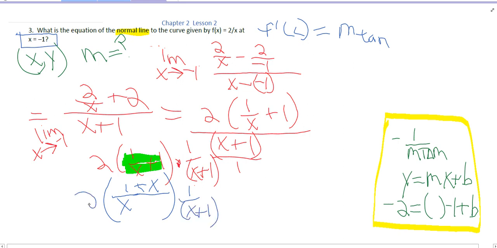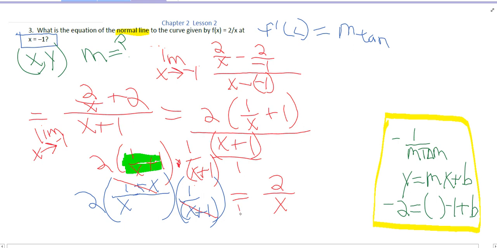And we still have our 2 out in front of there. So now, if you see what we just did, hopefully you can see that that's a 1 plus x, and that cancels with that 1 plus x. So the derivative is 2 over x.